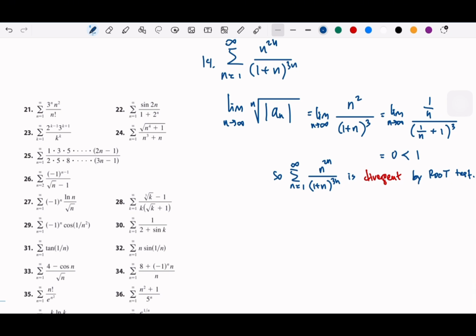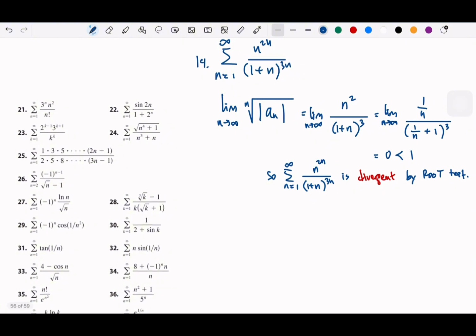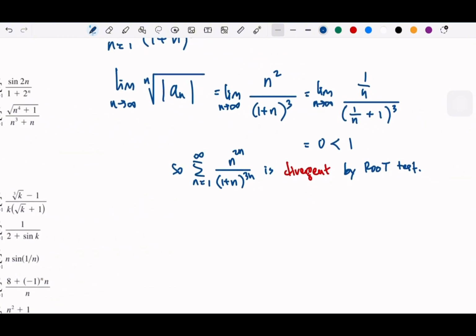Yes? Diverge or converge? Converge, right? Why did I write divergent? Oh yeah, why am I writing divergent? Okay, sorry, sorry.